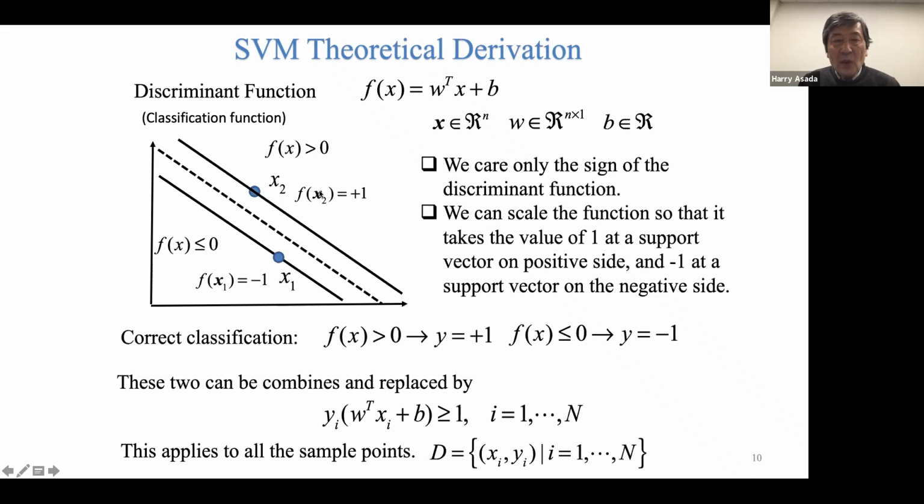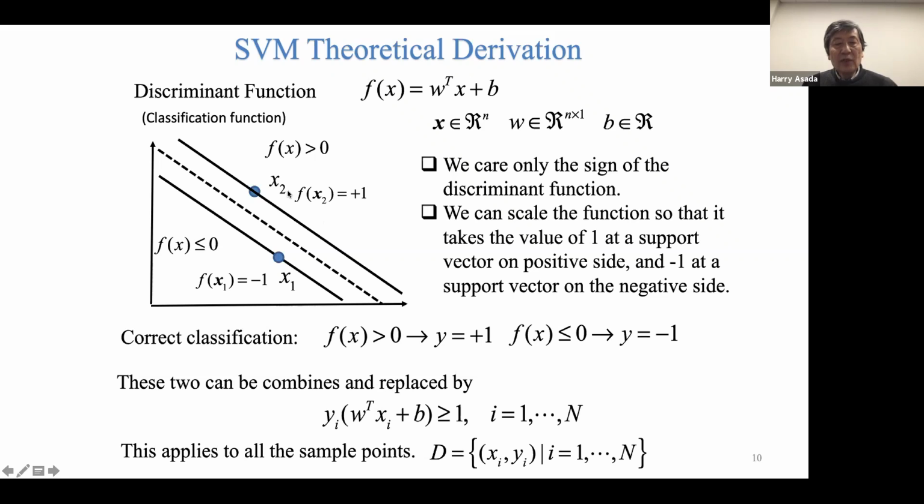As I said, scale is not an issue. So let's define f(x2), which is on this side of the boundary, to take the value +1, and this side is -1. We determine the scale in this way at these boundary points. Now, combining these two conditions together, multiply yi, which takes either +1 or -1, times this function.